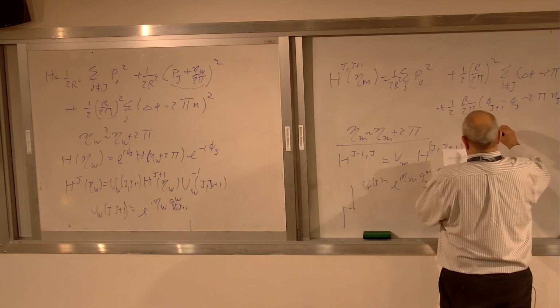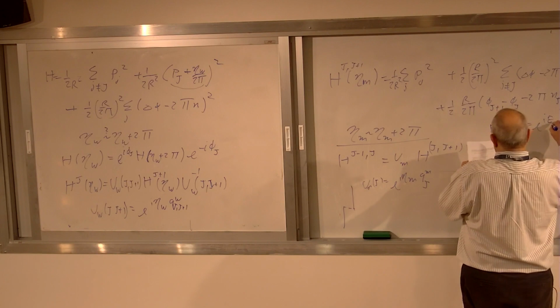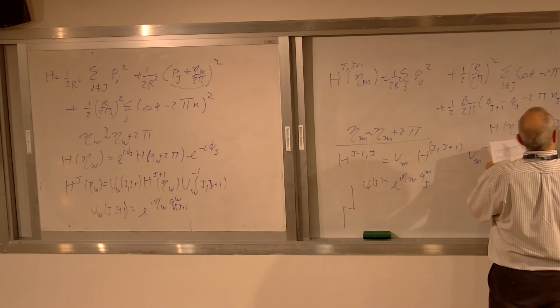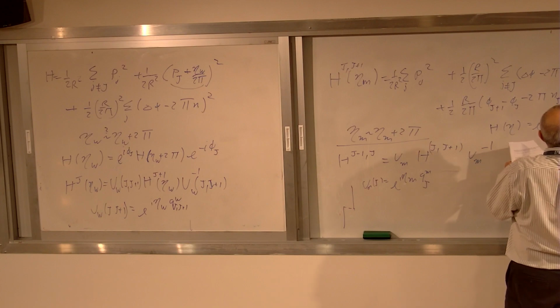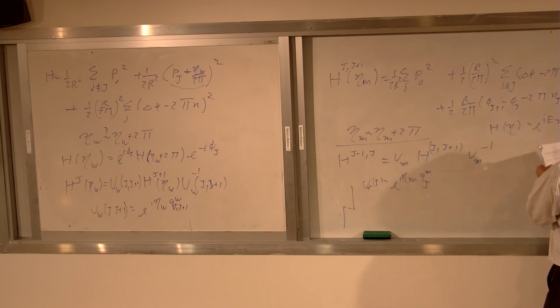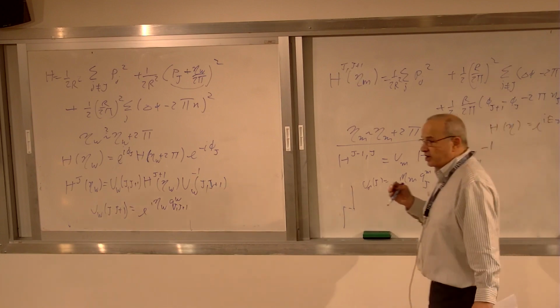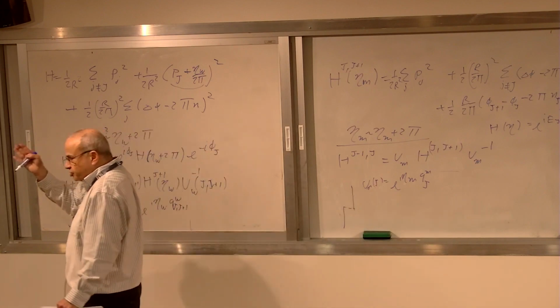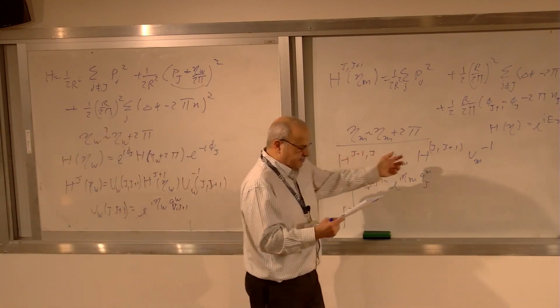H of eta is the same as e to the i e j plus 1, h of eta plus 2 pi, e to the minus i e j plus 1. So the details are not important. The important thing is that it's 2 pi periodic, not strictly speaking, but only up to conjugation. And we can shift the defect around.